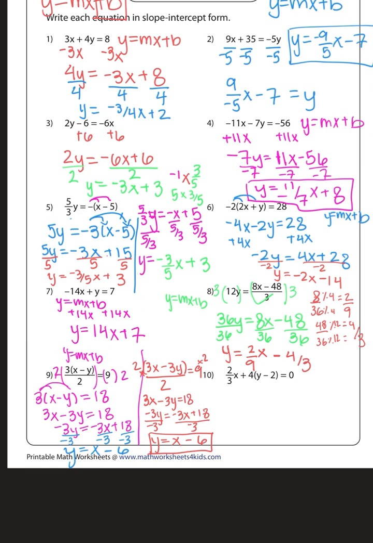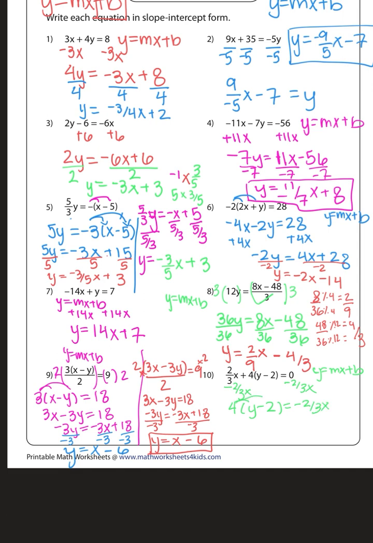So the final question we have is 2/3 x plus 4y minus 2. It's good to write y equals mx plus b to see our goal. So next, we must subtract 2/3 x to get x on a different side than y. So minus 2/3 x, minus 2/3 x, and we get 4y minus 2 is equal to negative 2/3 x.